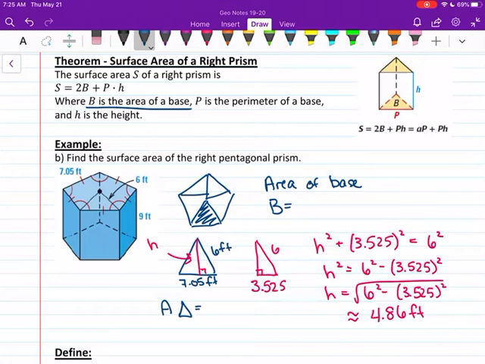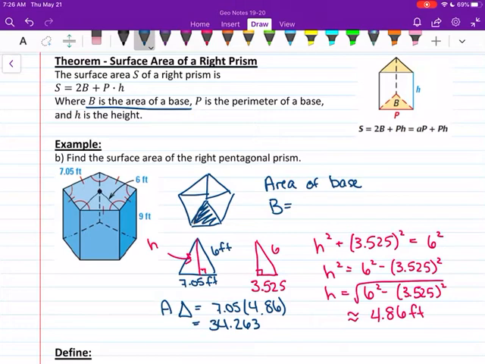Okay, so then the area of my triangle is base times height. So my base is 7.05 and the height we just found was 4.86. So then, oh man, I need a calculator. I did not do this ahead of time, which I should have. Okay, so 7.05 times 4.86 is 34.263.